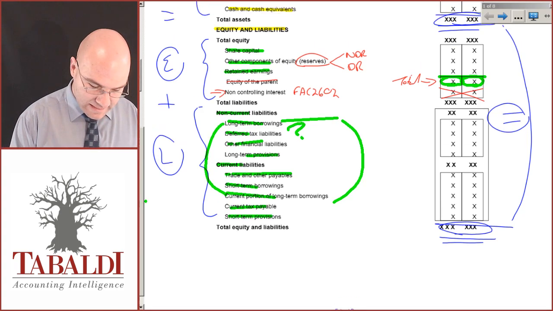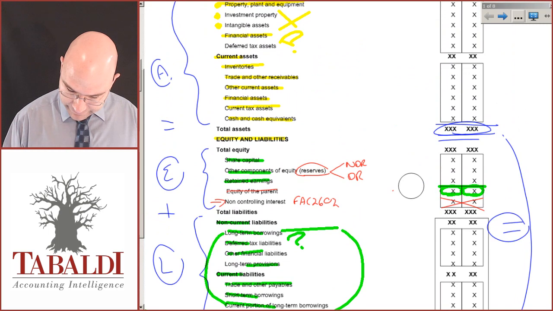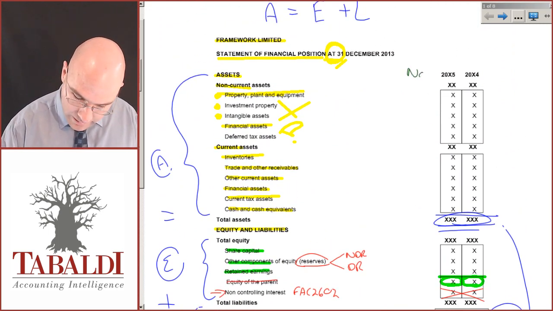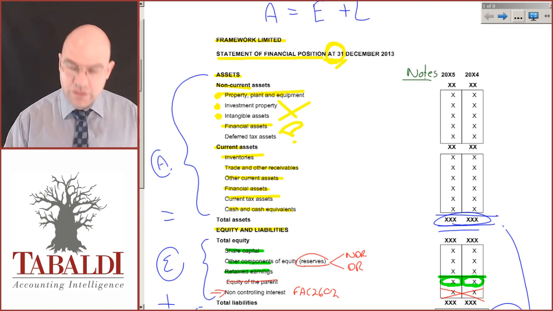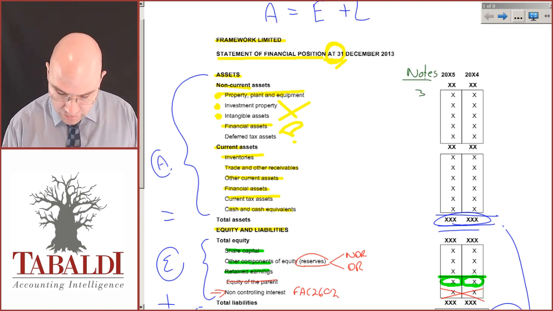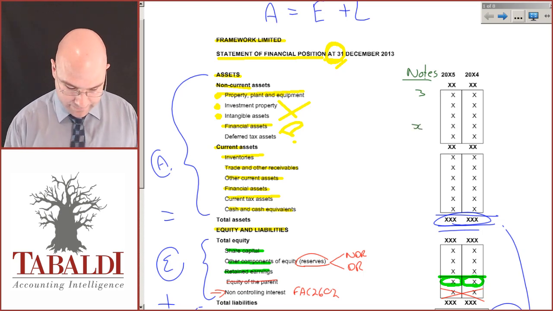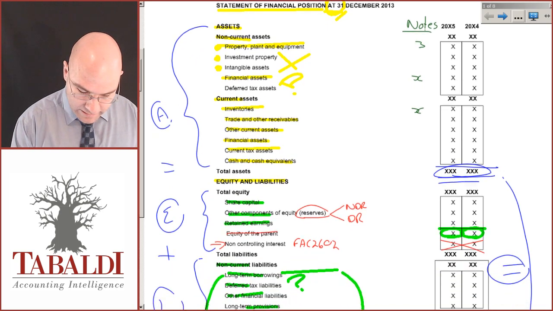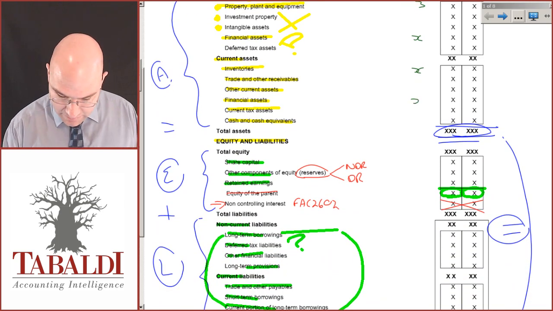What I need you to understand is that all of this is going to be referenced to notes. So you're going to have a column called notes and your reference, PPE, to note number 3. Financial assets to note whatever number. Inventories will have a note. Trade and other receivables, financial assets will have a note.